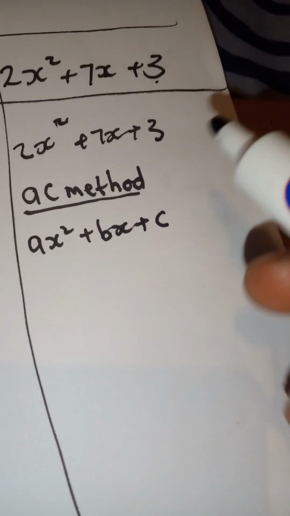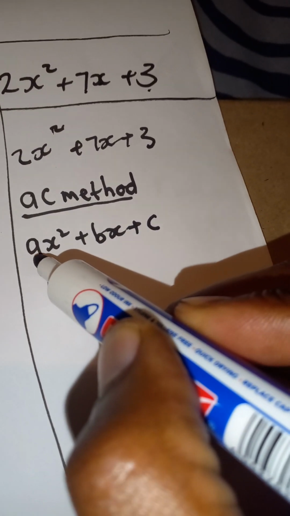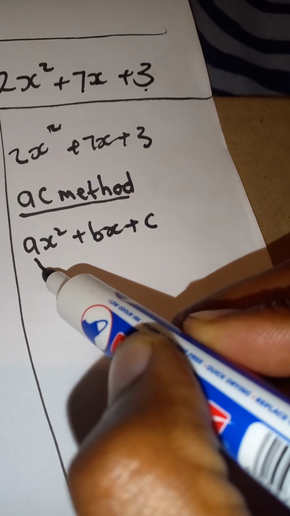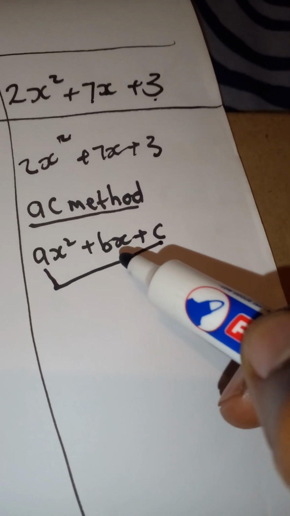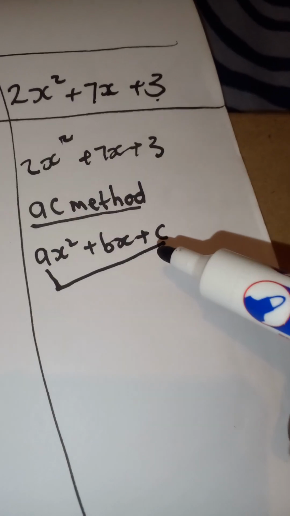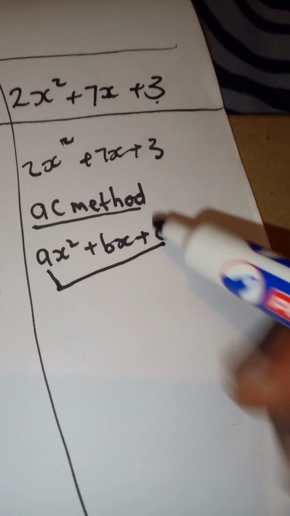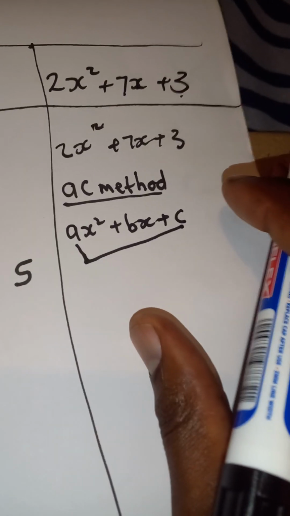So the AC method is whereby you take the value of a and multiply it by c. Then we call that method an AC method. All right, so let us put it into practice.